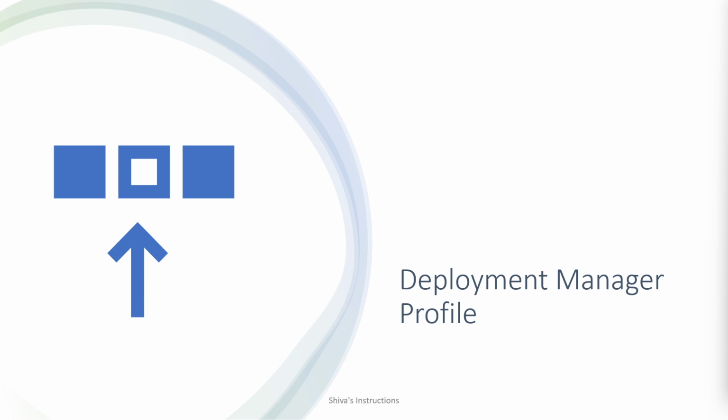Change means modifying files or something like that. For example, I'm changing the heap value of a particular JVM. That's called a change. And when you're stopping and starting anything, like a JVM or a particular process, that is called a control.